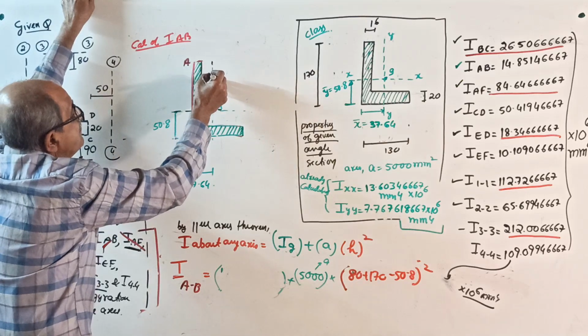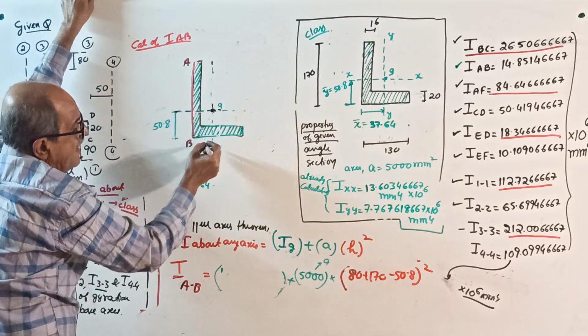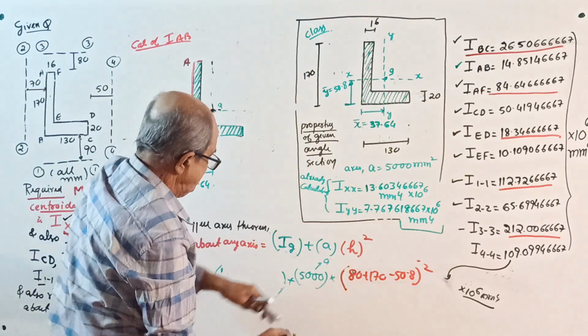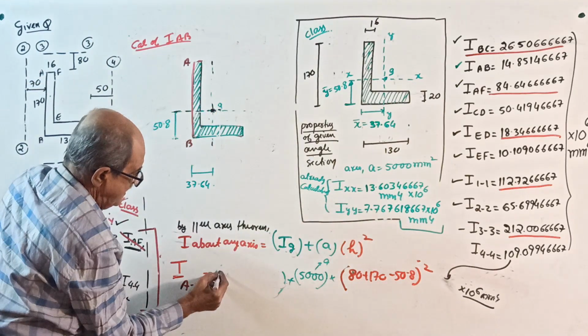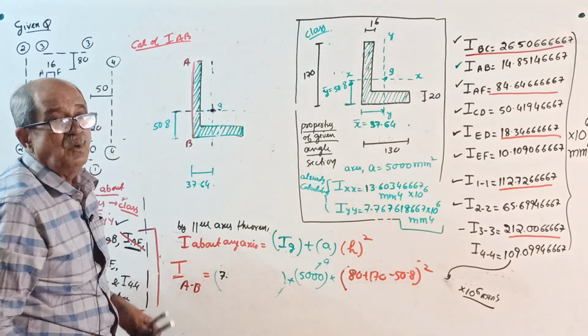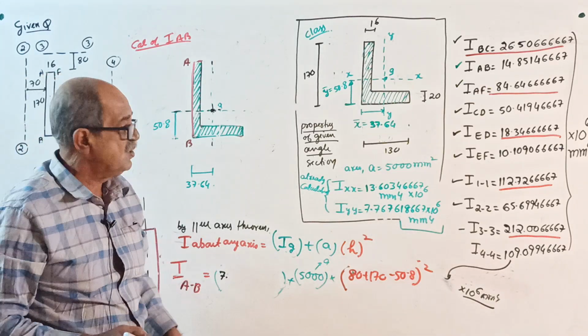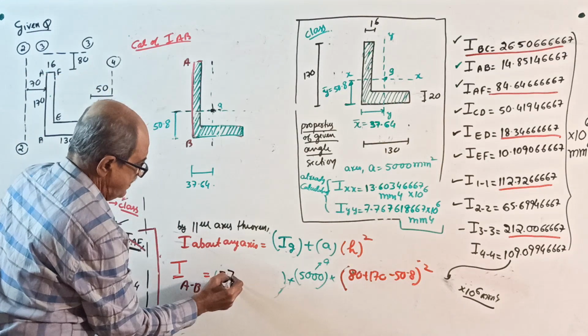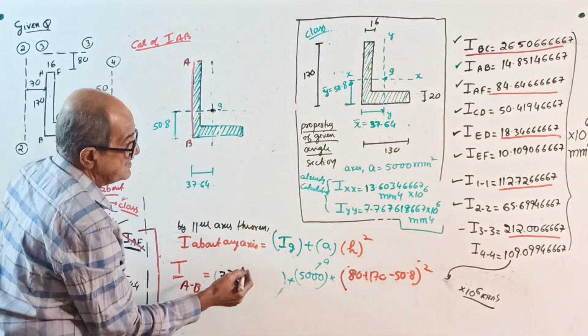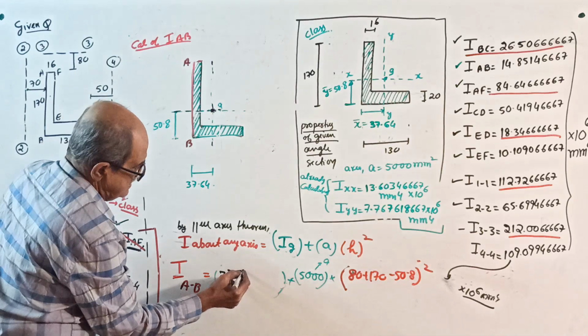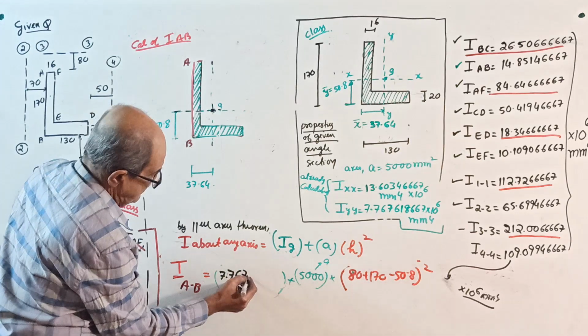I about that axis, IG, is 7.7667 into 10 to the power 6, already calculated. So you can do this only after finding I about centroidal axis.